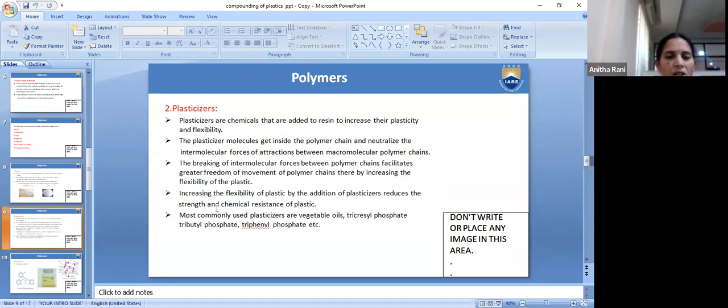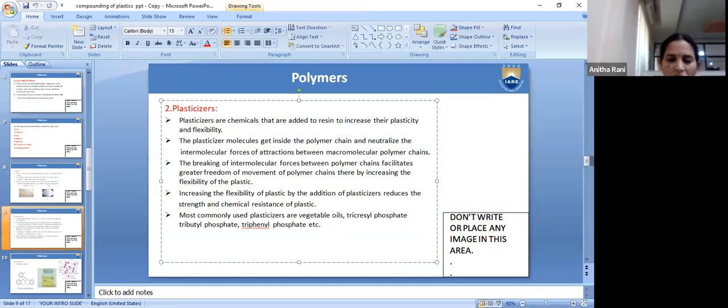So what plasticizers are we using? Mostly vegetable oils and tricresyl phosphate. We'll take only tricresyl phosphate, no need for vegetable oils. Remember these three: the most commonly used plasticizers are tricresyl phosphate, tributyl phosphate, triphenyl phosphate.